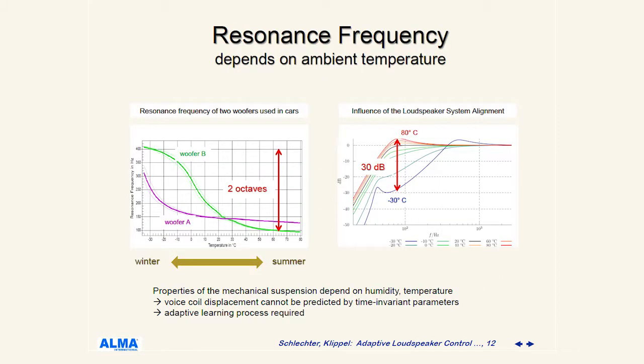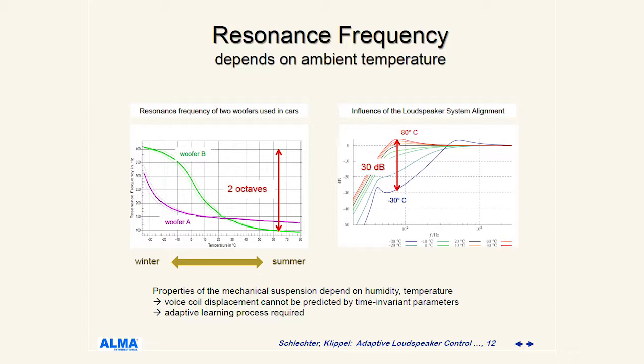Okay. And here's a picture you have seen yesterday, maybe. The resonance frequency of a driver is not constant, you already might know, but it's really dramatic, changing with temperature, with humidity. Here, for instance, there are plotted two different automotive woofers, from -30 to 80 degrees Celsius.